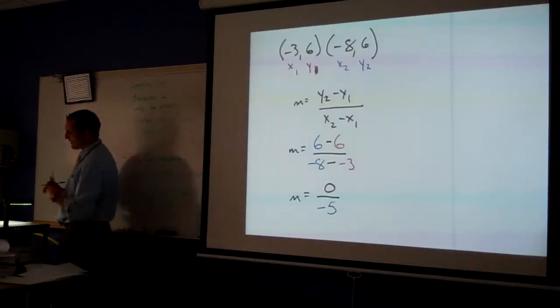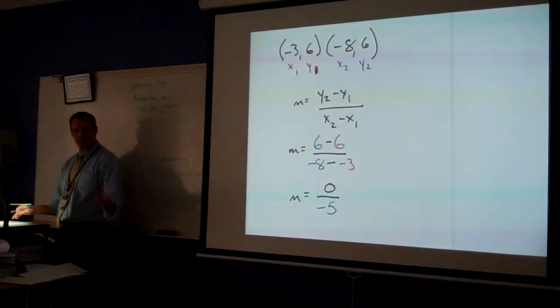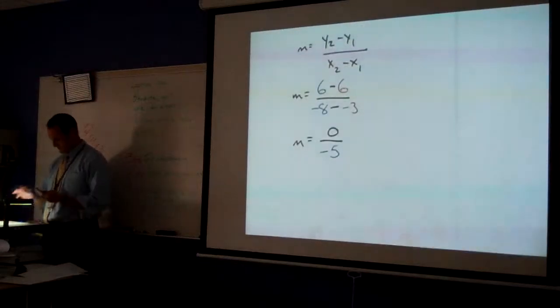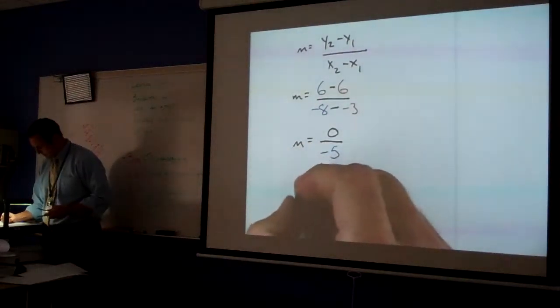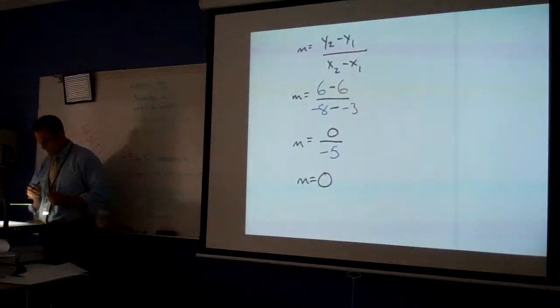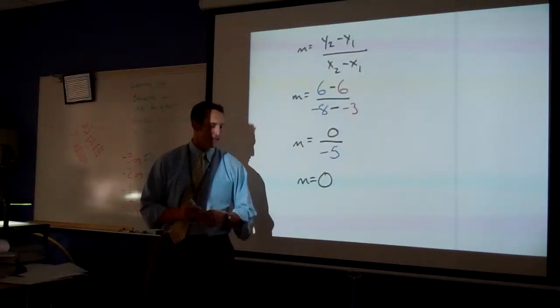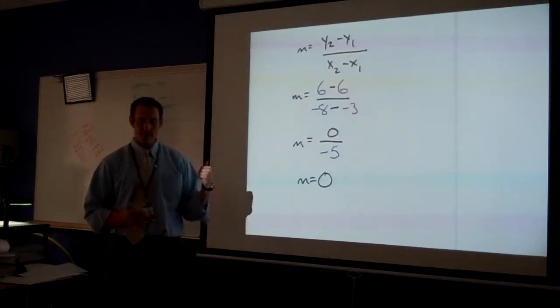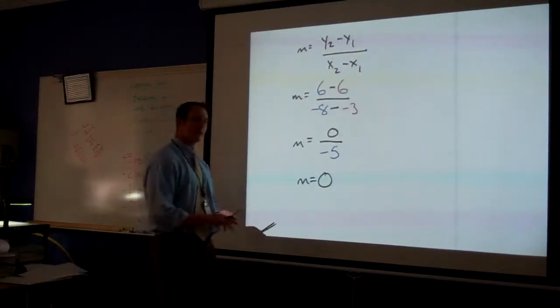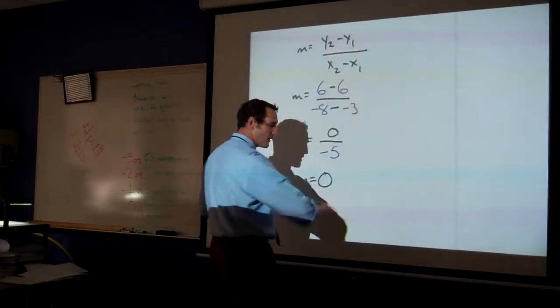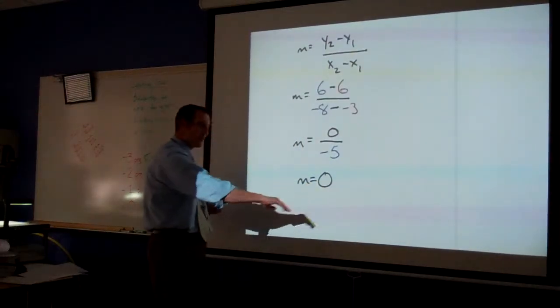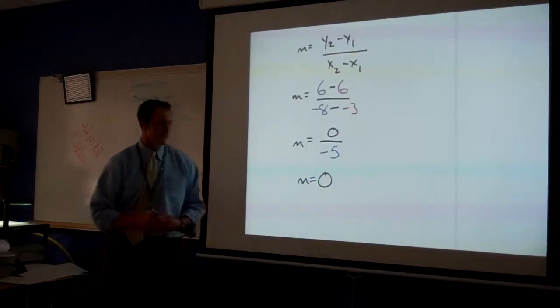Punch this into your calculator. 0 divided by -5. You will end up with 0. Do you remember where we encounter a slope of 0 from the previous lesson? We encounter a slope of 0 for a horizontal line. So the slope of 0 is for horizontal lines.